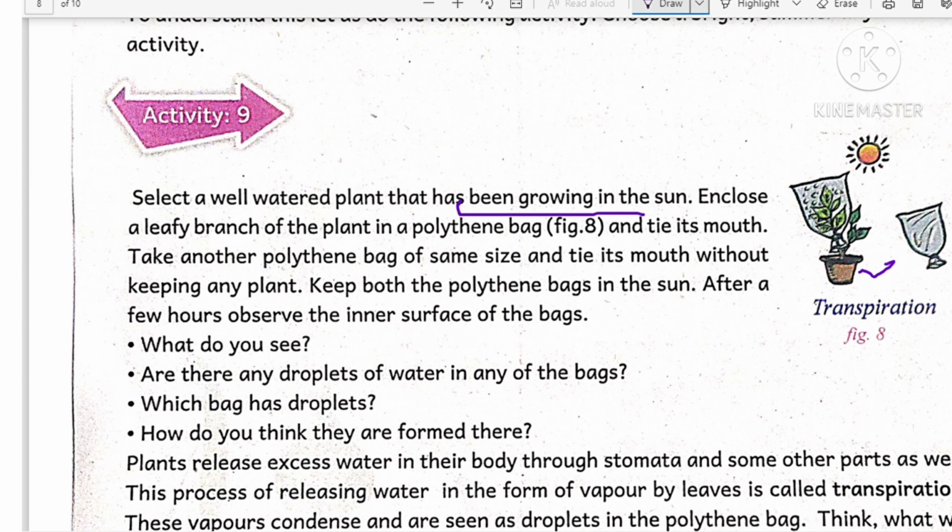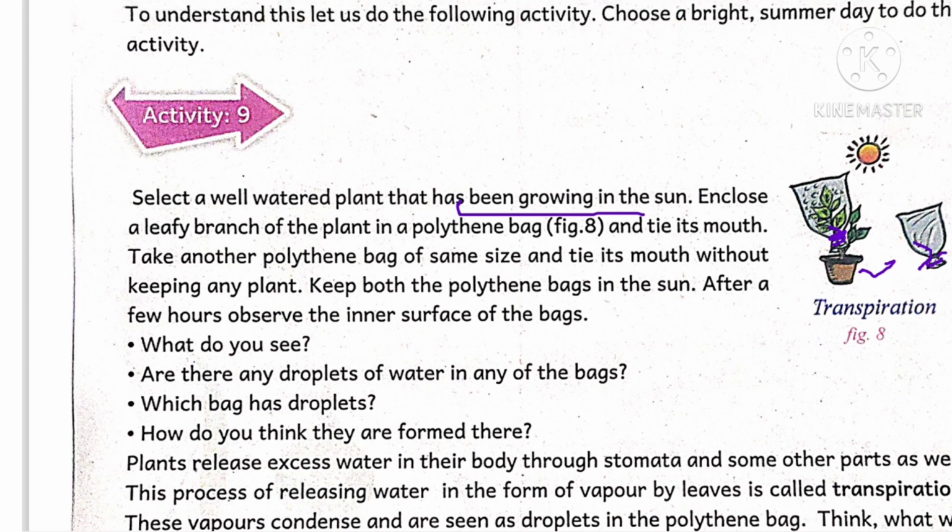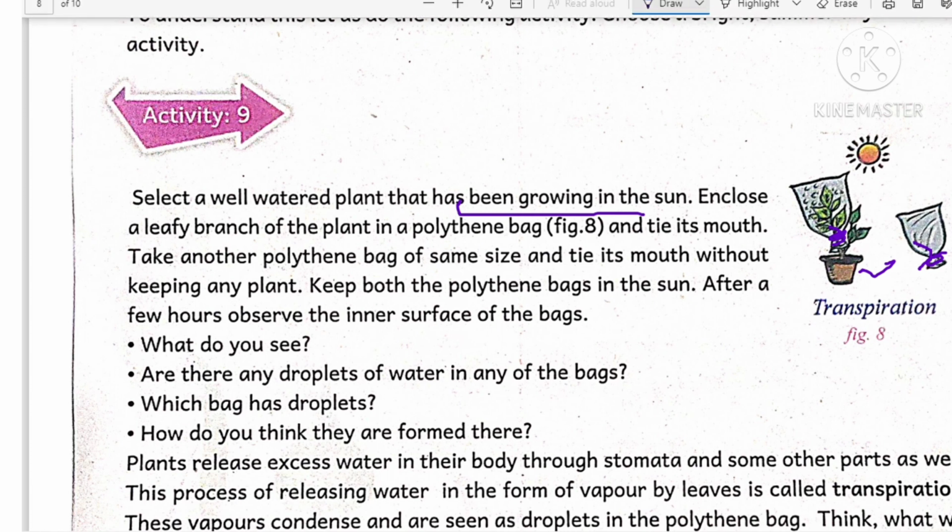Enclose one branch of the plant with a polythene bag and tie its mouth. Take another polythene bag of the same size and tie its mouth without keeping any plant.